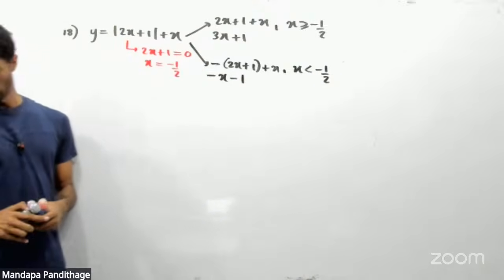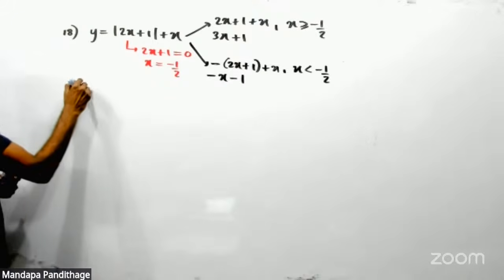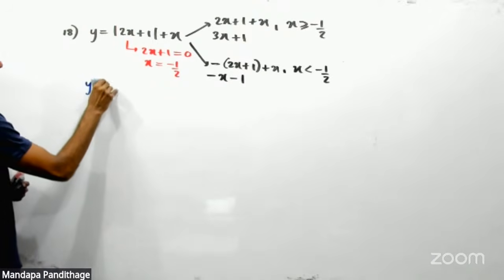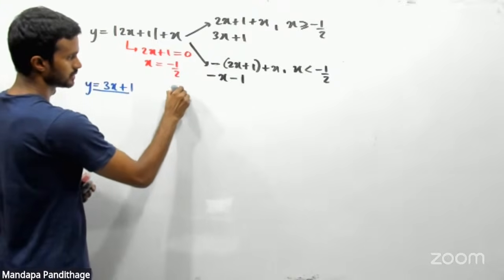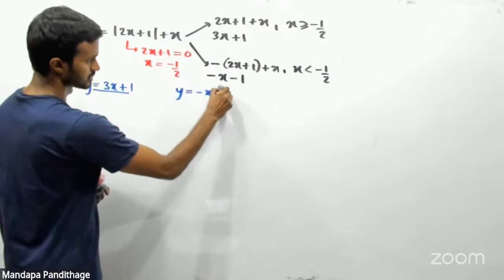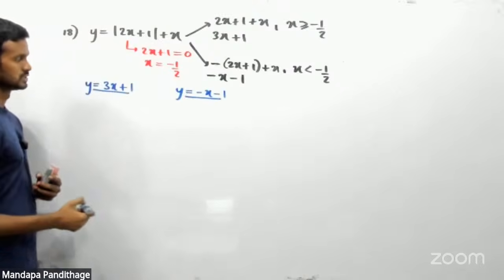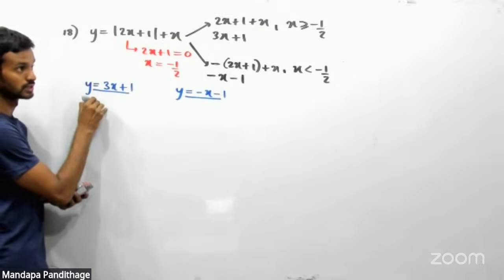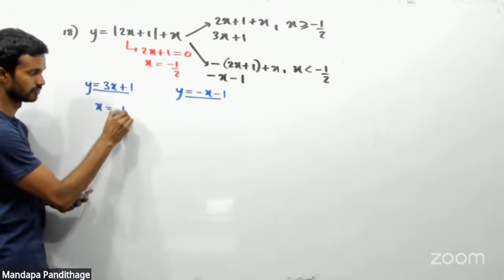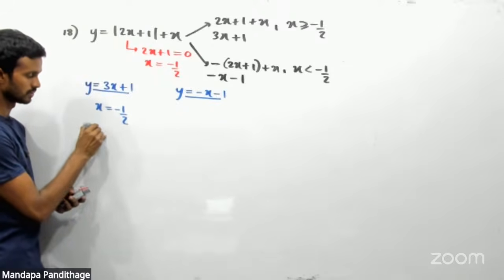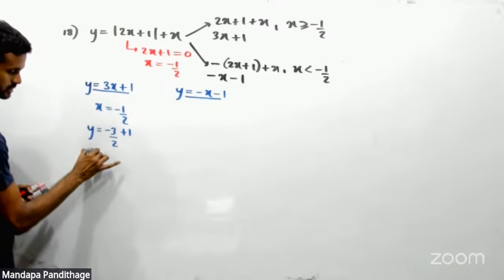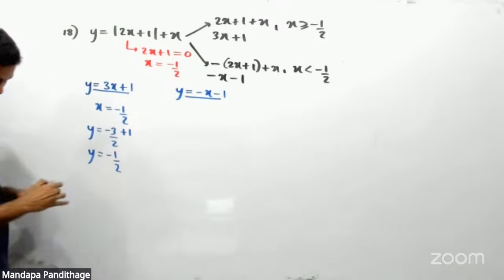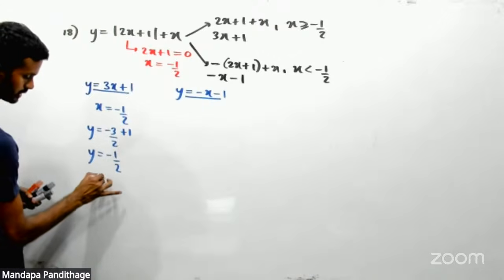Okay, so what are the two straight lines that we have to draw here? y equals 3x plus 1 and y equals minus x minus 1. If you substitute the turning point x equals minus half into the first, you get y equals minus 3 over 2 plus 1, which is y equals minus half. So it is going through the point minus half, minus half.